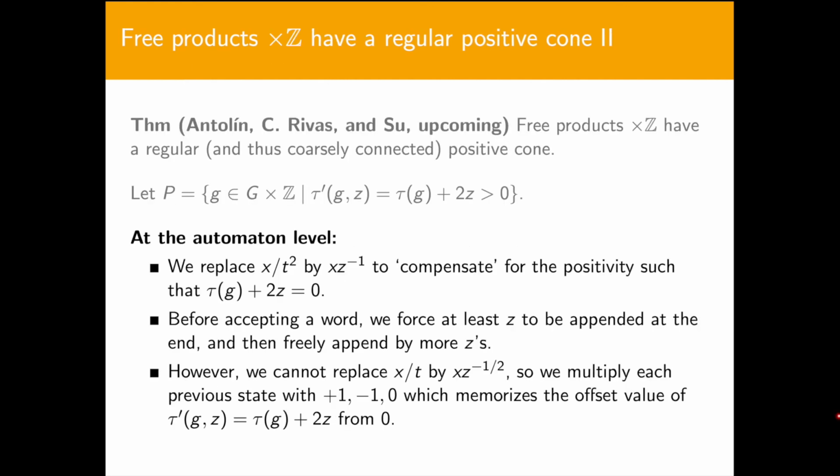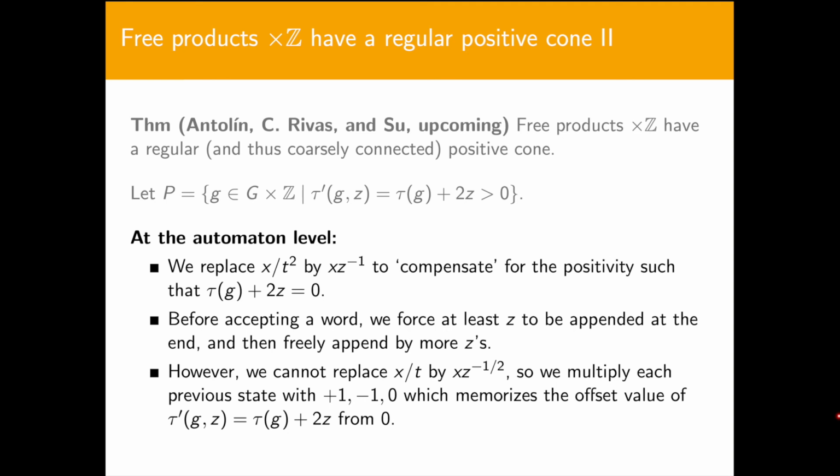So at the automaton level, what happens? We don't have a stack anymore to play with, right? So we want to replace the \t or t inverse labels by something. What we do is replace labels of the form x/t squared.